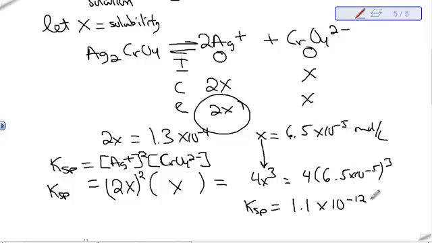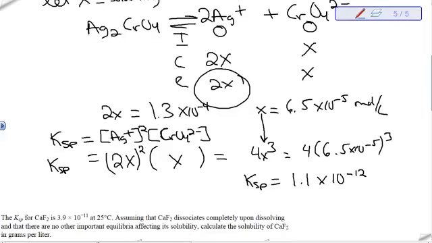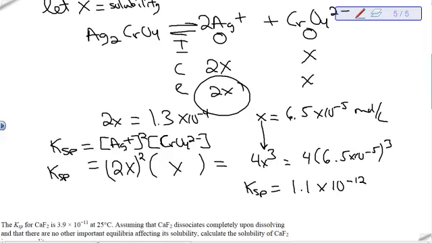It's a unitless quantity representing the equilibrium constant for silver chromate in solution. Please notice we took solubility, or an amount present at equilibrium, and we went backwards to determine the KSP.